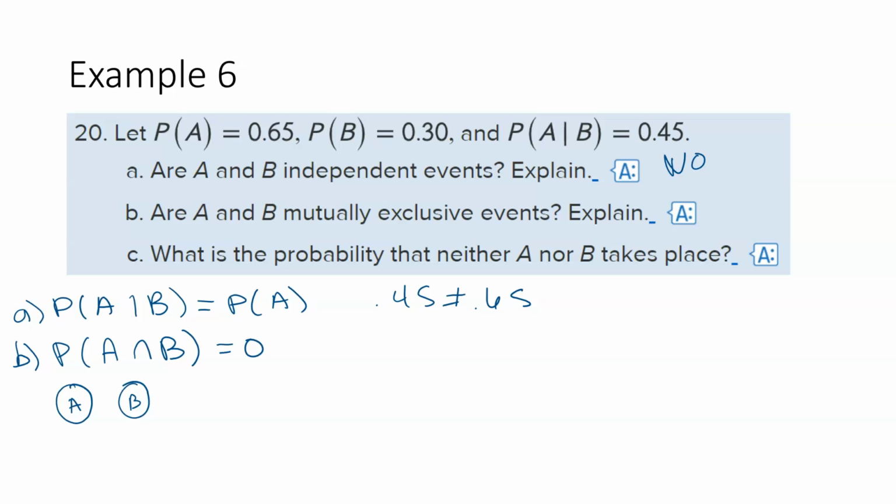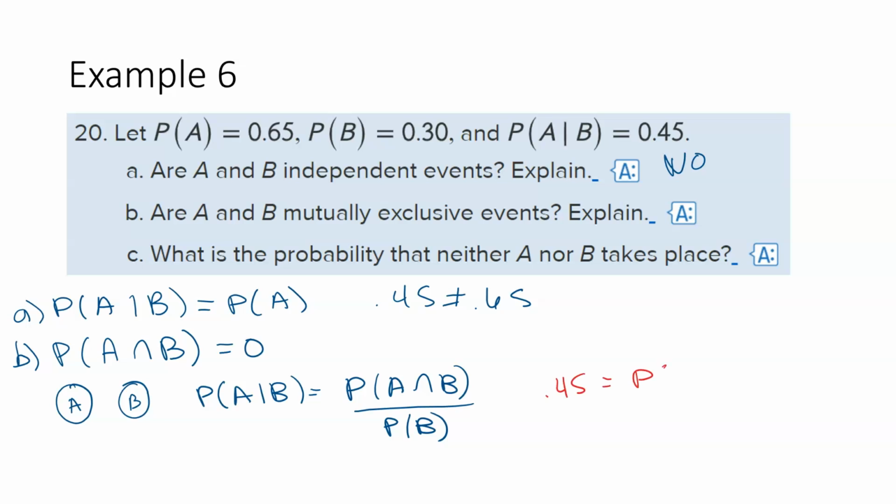Well, we know the given, right? We know this conditional, so let's use that formula to help us. We know that this is equal to this right here. That's the formula. So now we've got that the conditional probability 0.45 is equal to, we don't know this, but we want to know this. We want to know if this is 0, right?